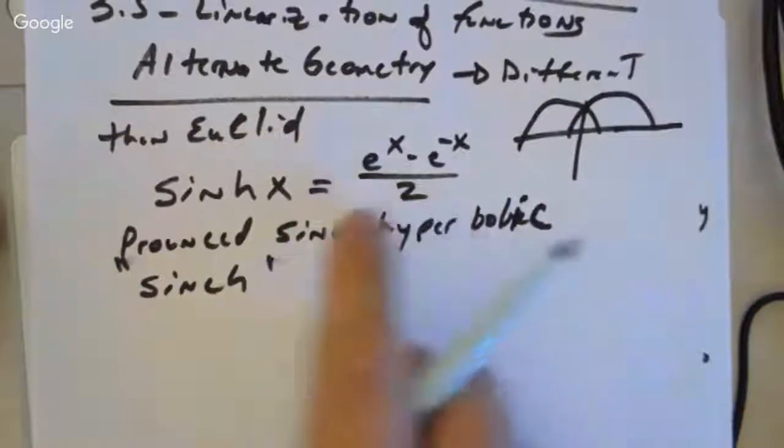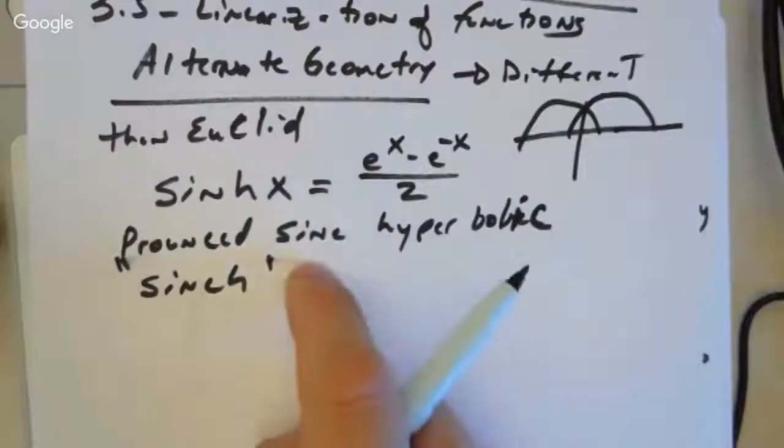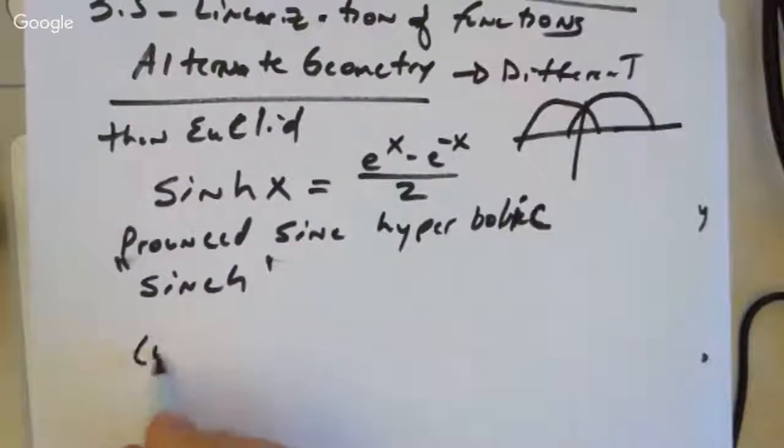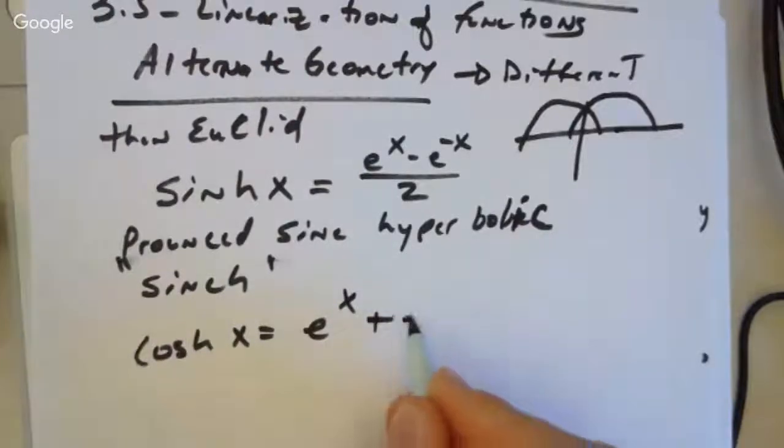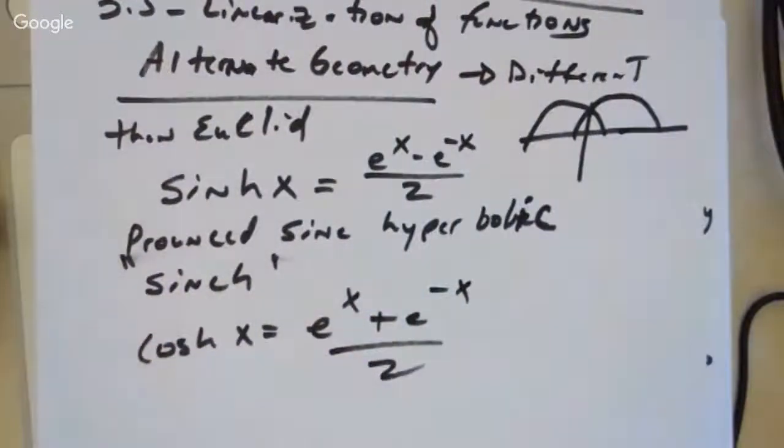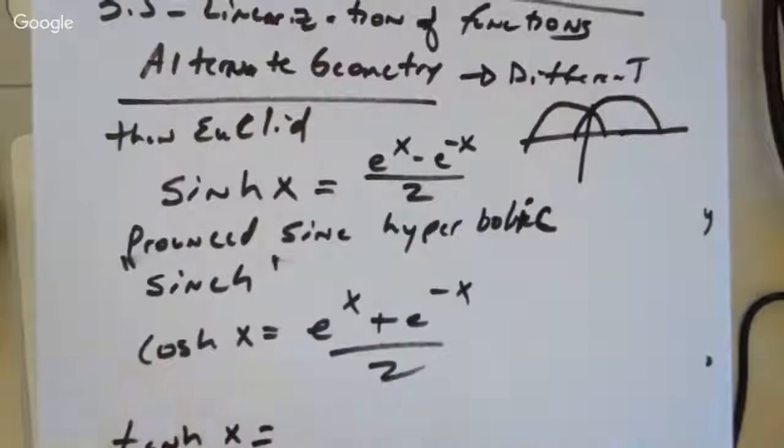Okay, so the sine hyperbolic is defined by that. It's pronounced sinh. The cosine hyperbolic is equal to e to the x plus e to the negative x all over 2. And then the last one I'll introduce to you, the tangent hyperbolic. Oh, sorry, this is pronounced cosh.